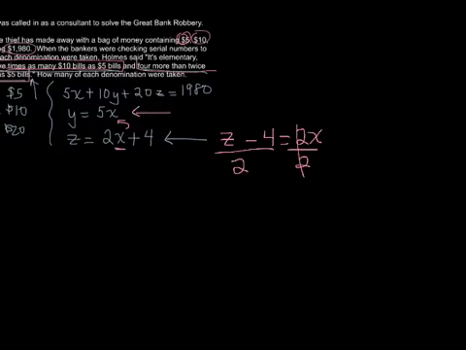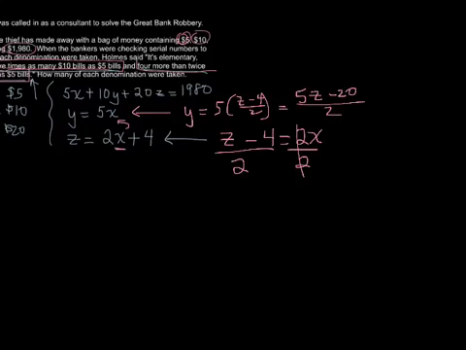I can plug that in here and solve for y equals 5 times (z minus 4) over 2, or (5z minus 20) over 2.